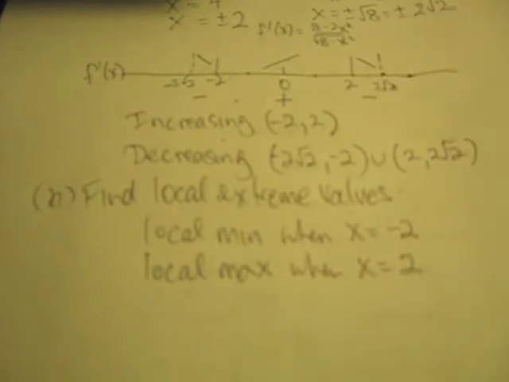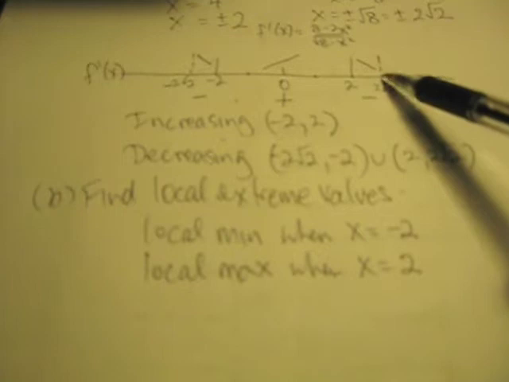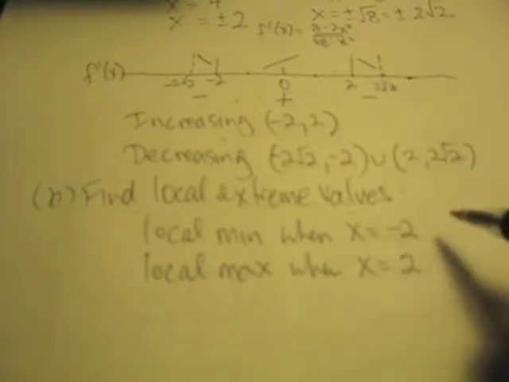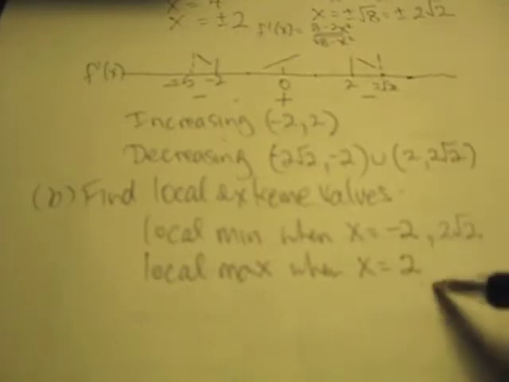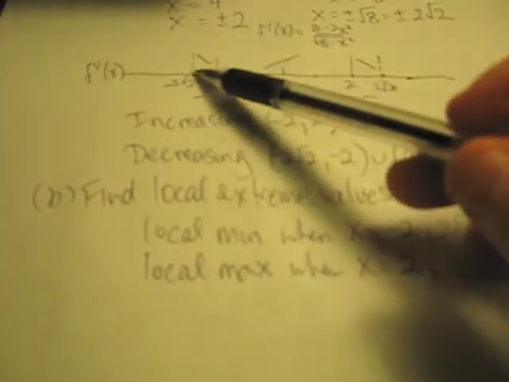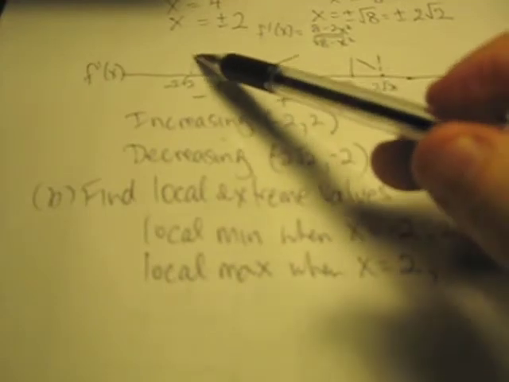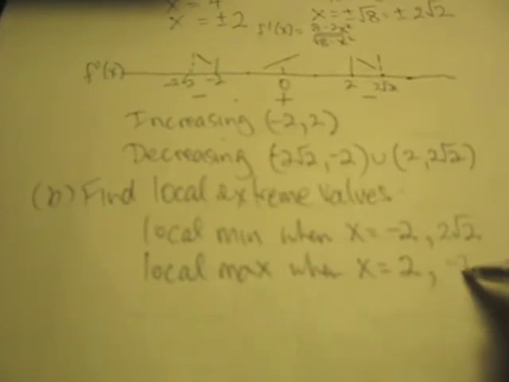Also you'll notice that this comes down to here at 2 root 2, so this is going to be a local minimum as well. And over here, this one is coming down from here, so this one would be a local maximum.